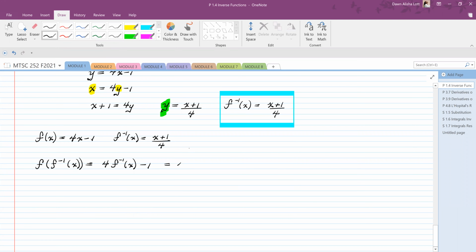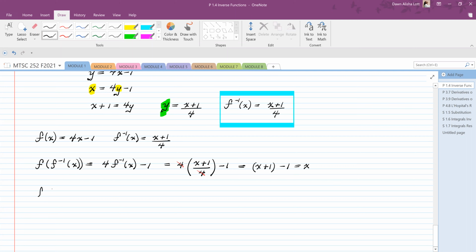So that's 4 times x plus 1 divided by 4, minus 1. So now I can see already that these two 4s are going to divide out, and leave me x plus 1 minus 1, and that gives me x. So yes, f of f inverse of x is x.